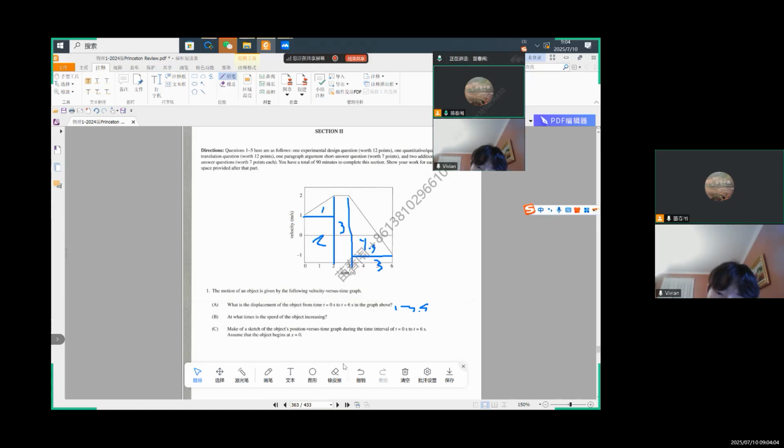This is a 3. Wait, I understand the first part. This is a 3, right? Because this is 3, right? But when we say the area, is it the area with the graph?